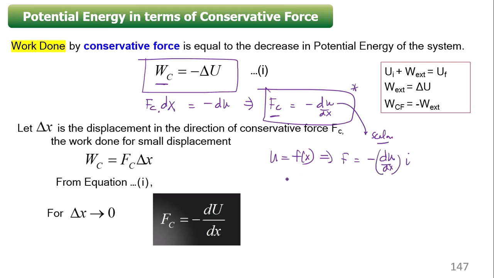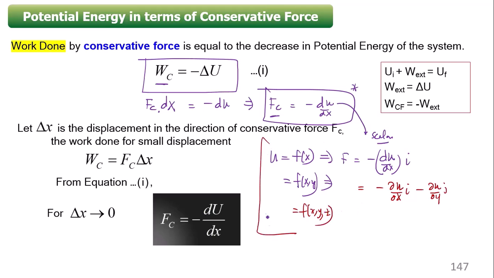If U is a function of x and y, then I have to use the partial differential operator, so F equals minus del U by del x with i, minus del U by del y with j. And if U is a function of x, y, z, I have to use the i, j, k notation. Depending on the given U, which is called the potential function.